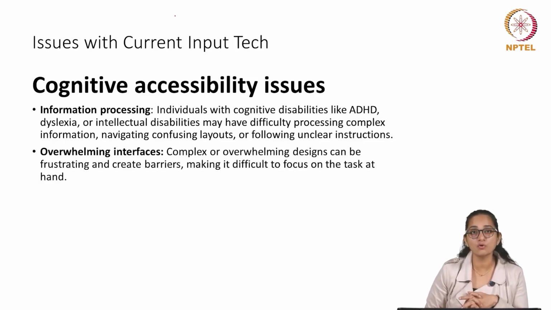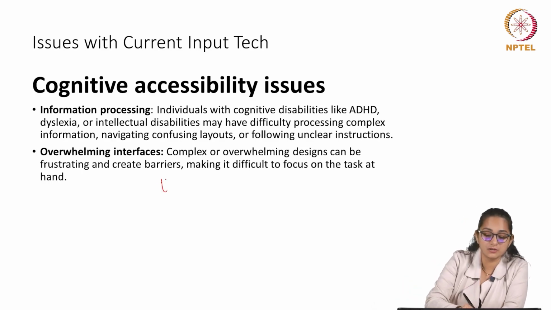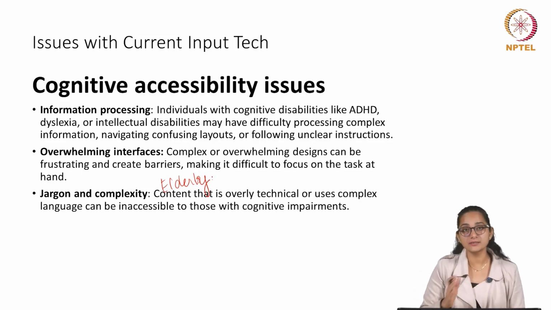Then of course, overwhelming interfaces and complex designs are frustrating and they create barriers, making it difficult to focus on the task at hand. This particularly is a major concern for the elderly as well. Then jargon and complexity.